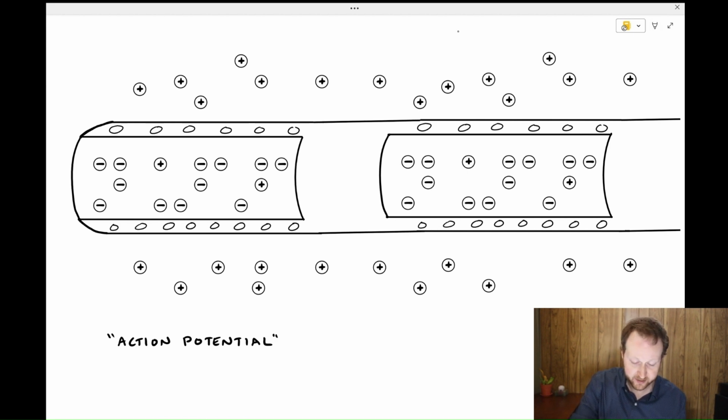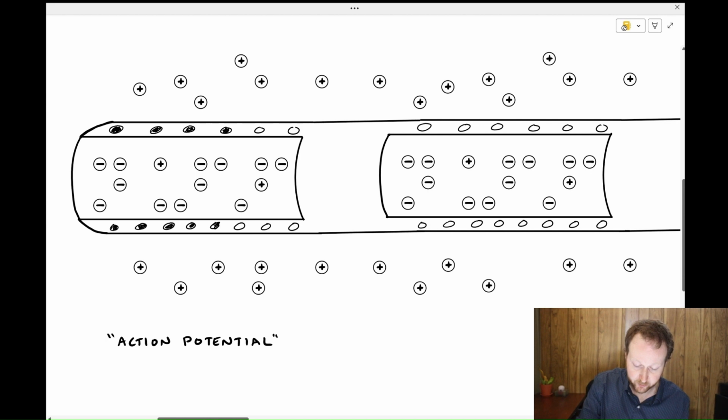One of the main things that happens here is that little tiny doors on the outside of the axon begin to open up. So these are called ion channels. So once the threshold of excitation is reached, once this neuron reaches a specific required positive charge, these channels open up.